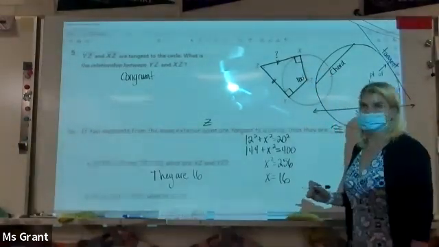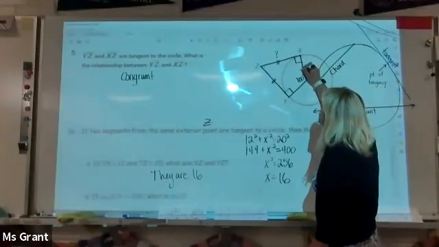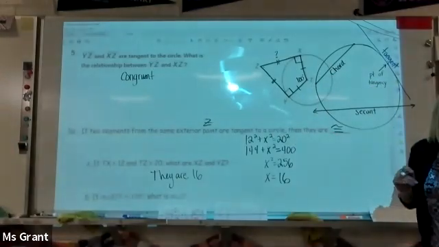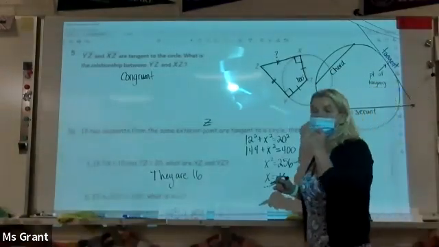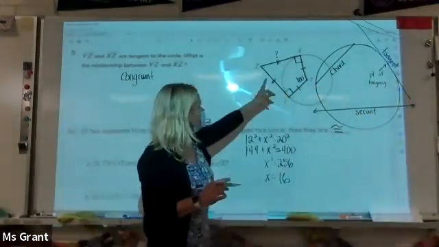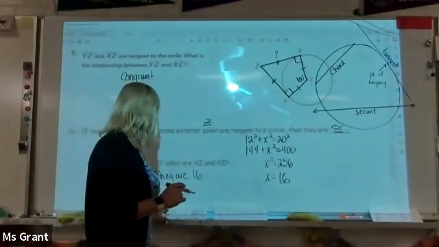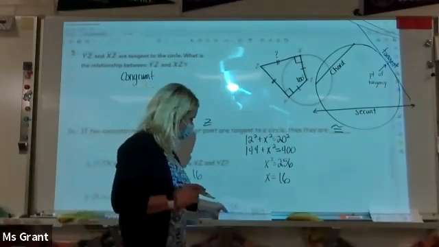Well, look what I've got. This is a four-sided shape. My radii are congruent. My two tangent lines are congruent. Does anybody remember the name of this quadrilateral that I just drew? It's a kite.